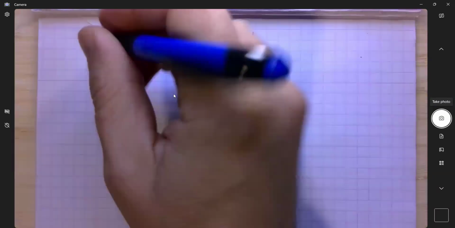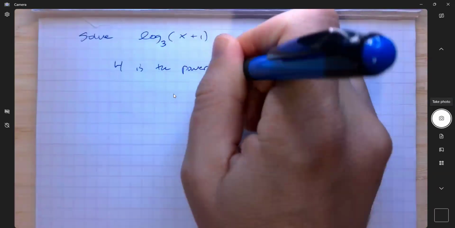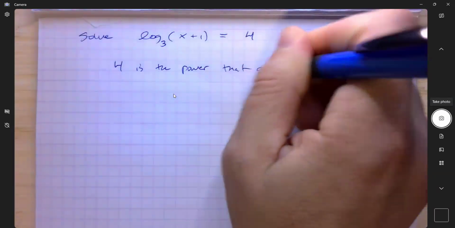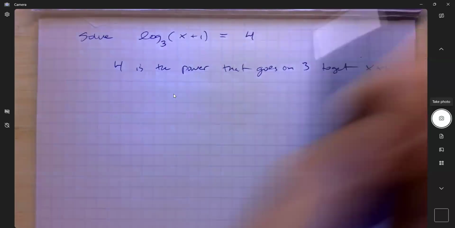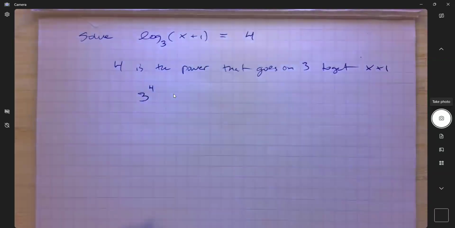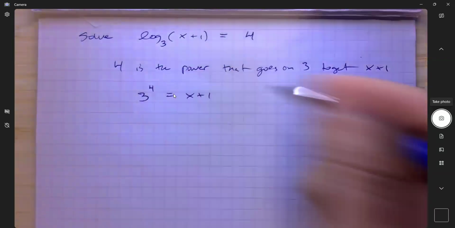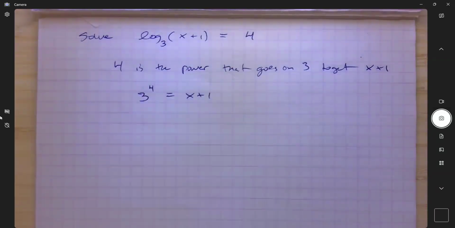Well, again, I can write this because I know a logarithm is a power, so that means 4 is the power that goes on 3 to get x plus 1. So 4 is the power that goes on 3 to get x plus 1. And now my x is no longer trapped in a logarithm.